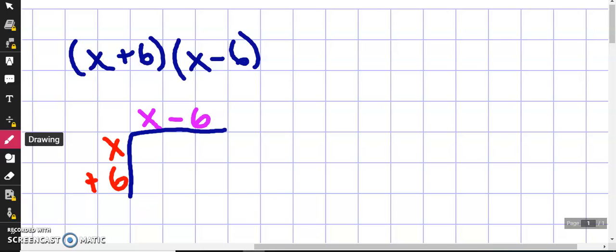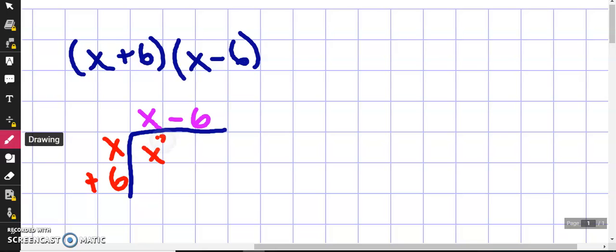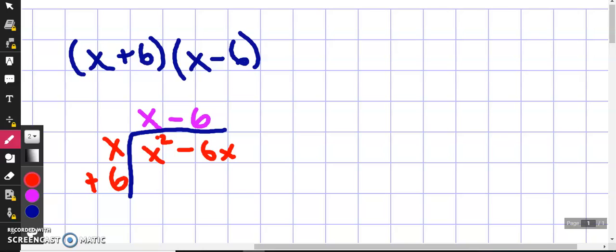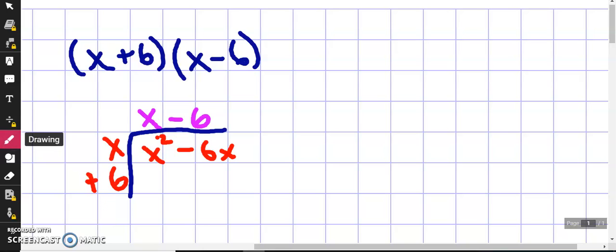And then once again, I'm going to distribute the numbers on the outside to the numbers on top. So my x and x make x squared. x and negative 6 multiply to negative 6x. When I go to the bottom row, I'm going to get 6 and x to give me 6x. And then positive 6 and negative 6 will make negative 36.